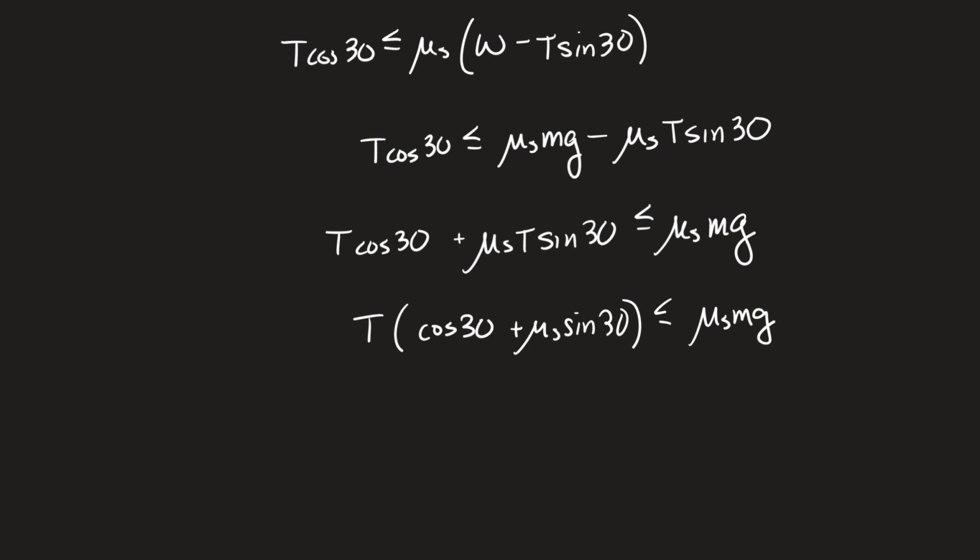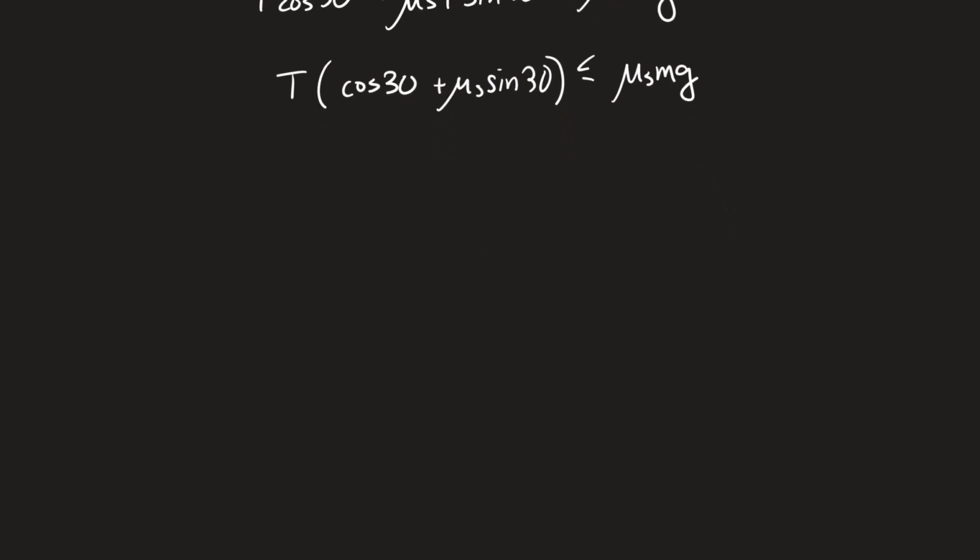Oh, no, I'll do one more step. Get T by itself. Go all the way. Because on your test, when I say come up with an expression for T, this is what I'm expecting you to come up with. Right? That's an expression for T.